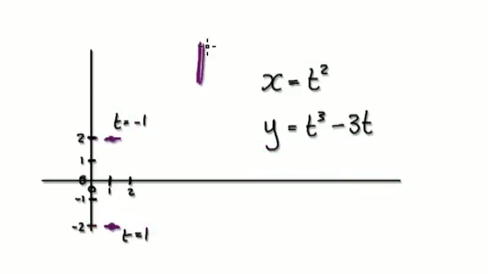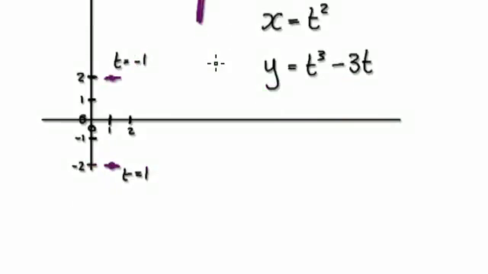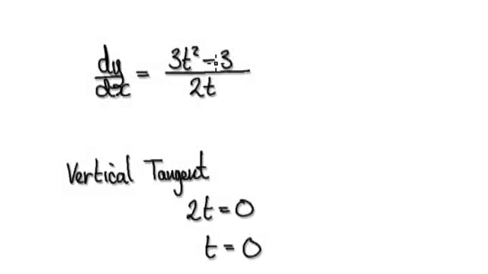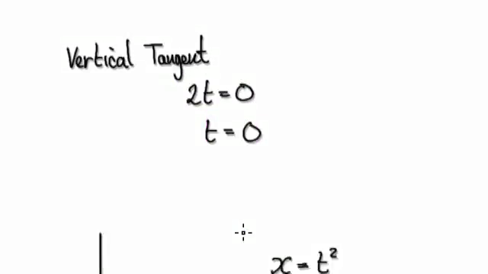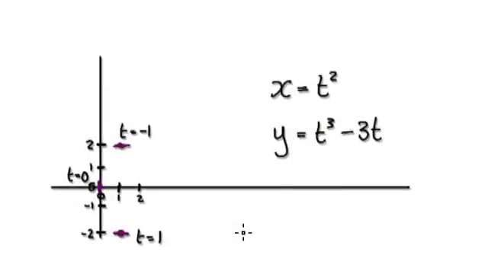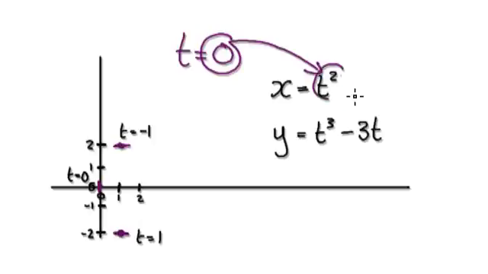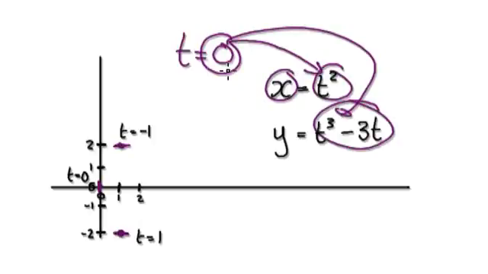So now let's try and identify the vertical tangent. To find out the vertical tangent, set this to be 0. The vertical tangent exists when time is 0. Okay, so now we know the vertical tangent exists when time equals 0. So put this into here. That will then give us the x coordinate. Put it into here.